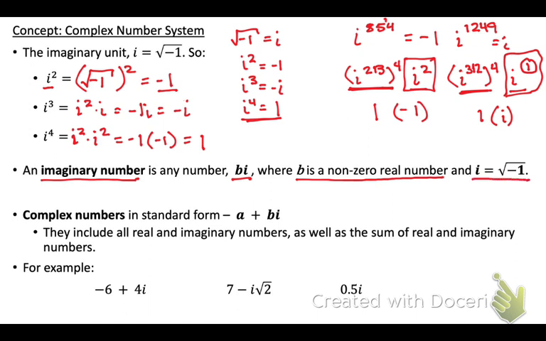Square root of negative 1. Yes. A complex number in standard form, we always write them in standard form. I don't tell you to write them in standard form. You always write them in standard form. It is A plus BI. A is a real number.